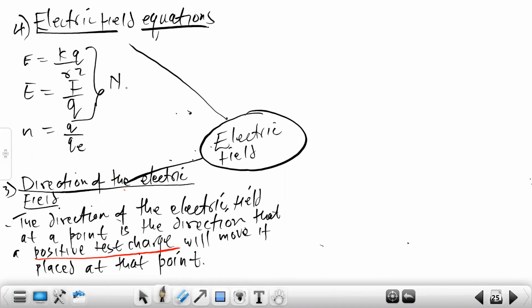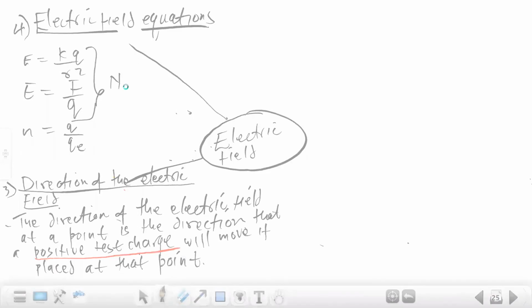Even if you check the first equation, E equals KQ over R squared, the SI unit will still be Newton per Coulomb.